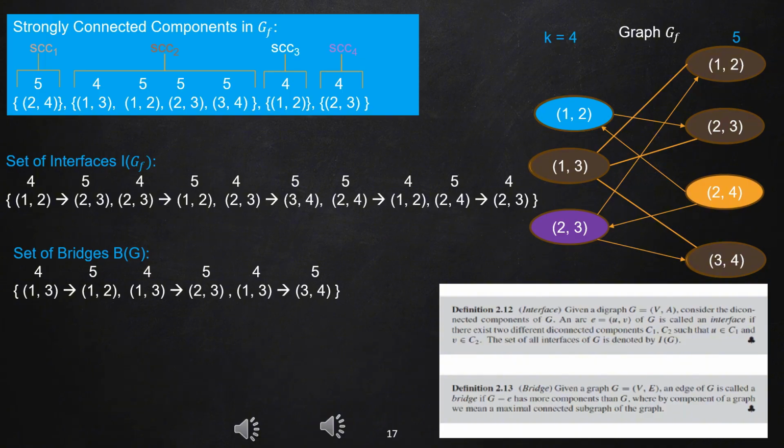But component 2 has 4 nodes, and they are all connected by edges. So removal of any edge in this component makes more components. So each one of those edges, that is 1, 3 to 1, 2, 1, 3 to 2, 3, and 1, 3 to 3, 4, are all bridges.